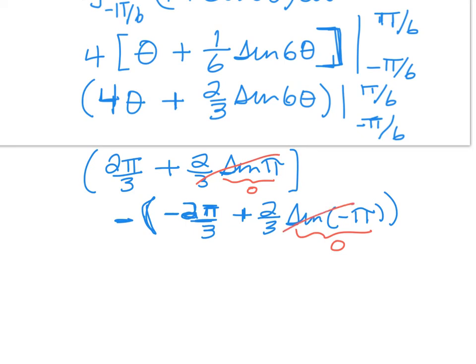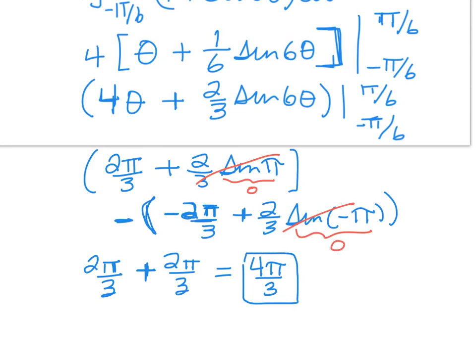And what we're left with is this, 2 pi over 3 minus negative, so plus another 2 pi over 3, which is 4 pi over 3. And that is the area of one petal of the given three-leaf rose.